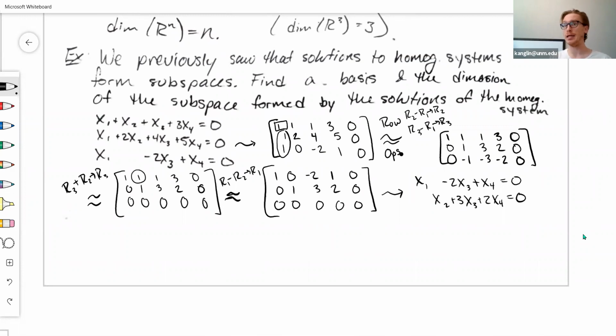Just meaning not leading variables in any equation. So in that case, it's x3 and x4. And express those as just parameters. Let me use R and S. And the idea is we can express x1 and x2. Let me leave a little space here.